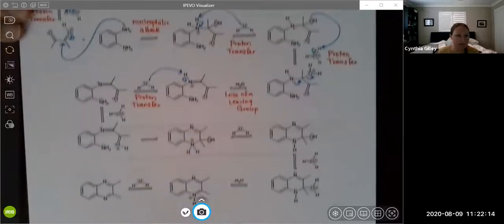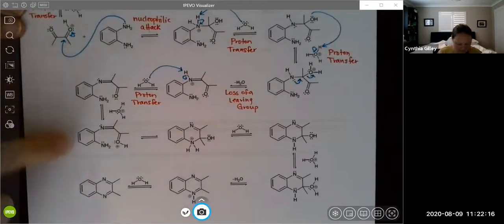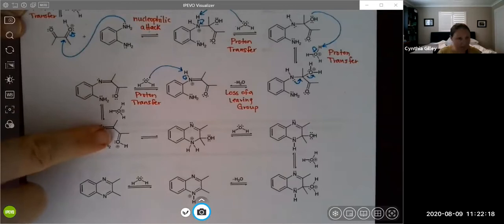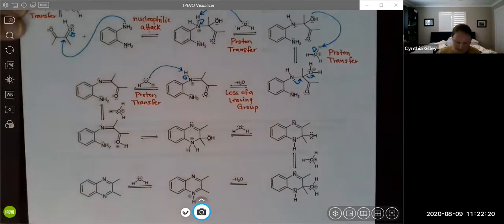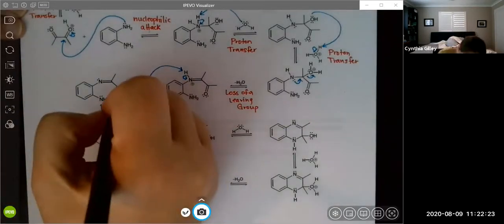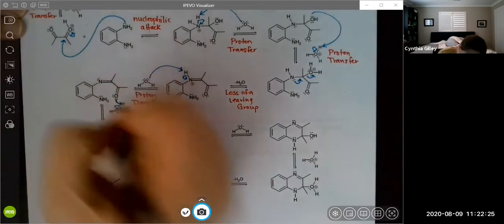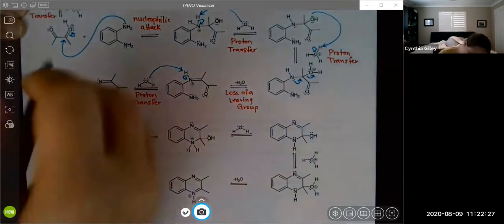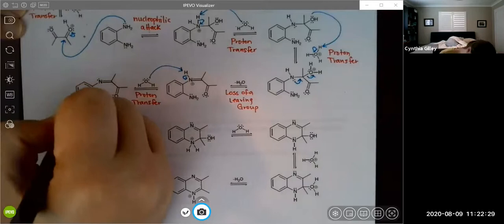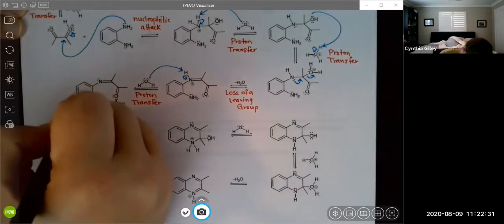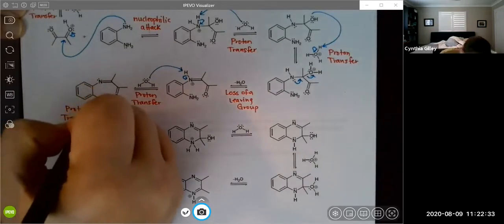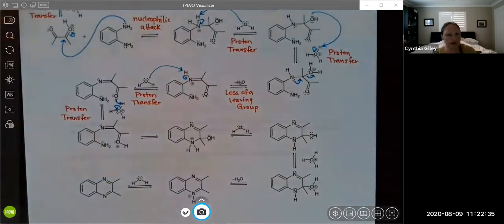Okay, from here to here, it looks like we're gaining that proton back on the oxygen here. So we can just go ahead and do another proton transfer. Notice that a lot of the steps are proton transfer steps, and that's very common in mechanisms, particularly ones that occur under acidic conditions, as this one does.